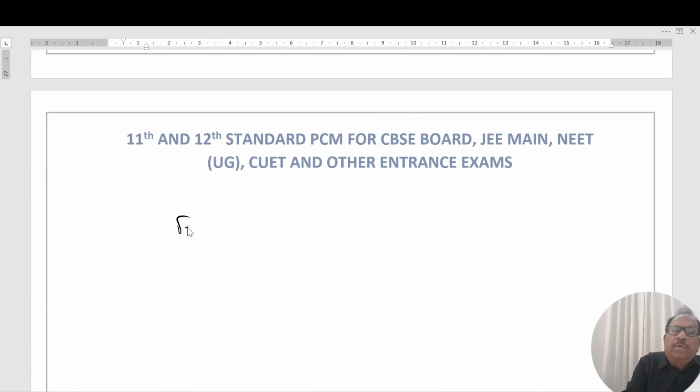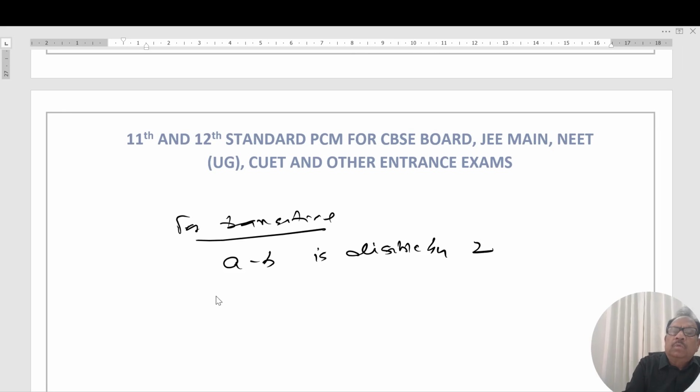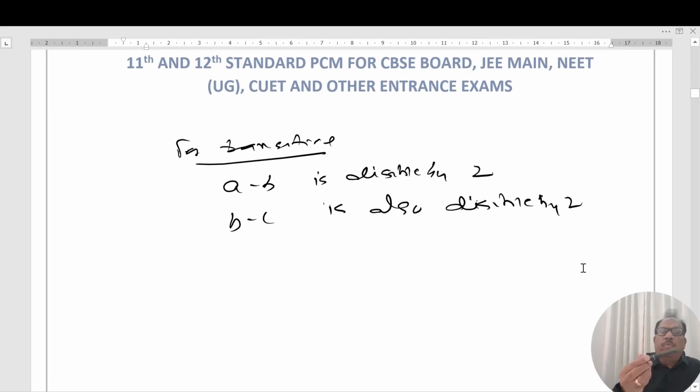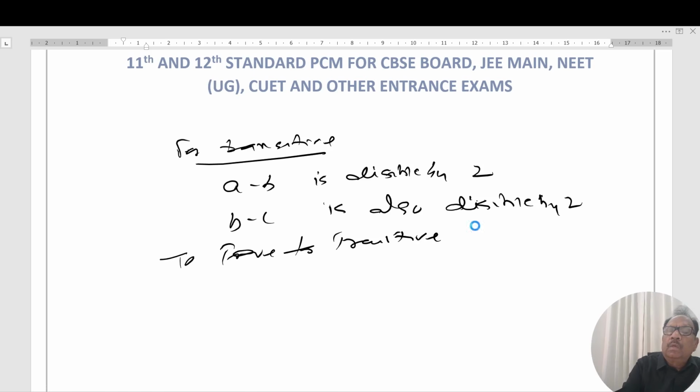Next, for transitive, if ARB, A minus B is divisible by 2, and B minus C is also divisible by 2, then to prove transitive we need A minus C is divisible by 2.